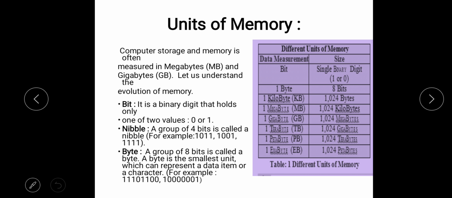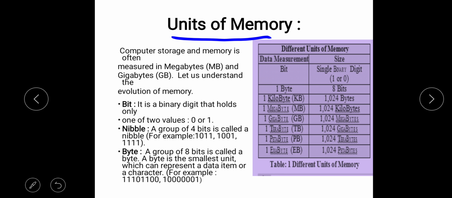Now we move to the last section of today's lecture, the units of memory. Computers store data in memory formats. We can calculate using terminology like megabyte and gigabyte. So let's see some terminology regarding units of memory.